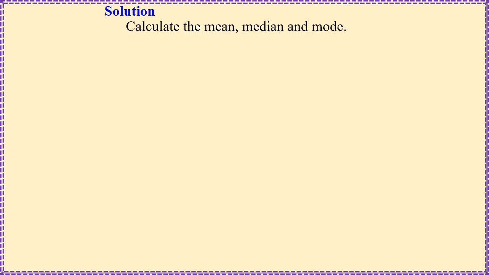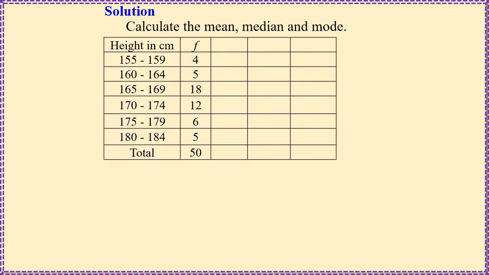Calculate the mean, median, and mode. So what we need to do first of all is to find the midpoint. So the midpoint is x. So how to find the midpoint? We can use the interval here. If we have the lower and upper limit, we just have to use the lower and upper limit.